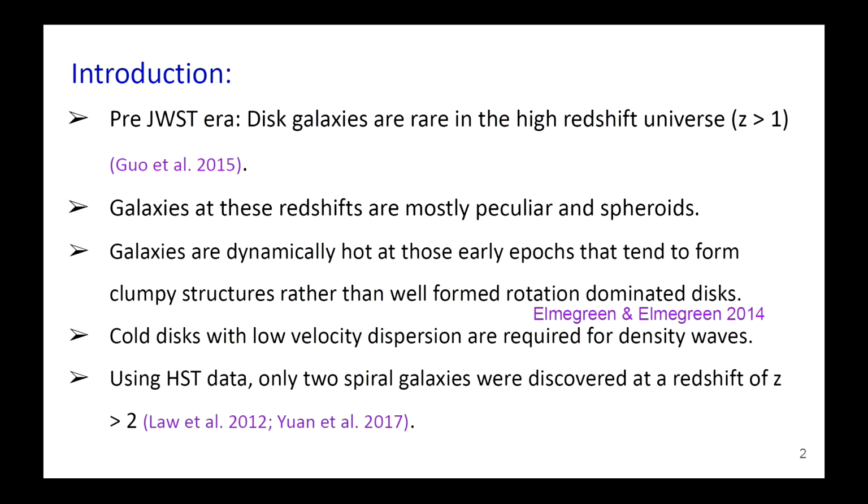For density waves to emerge that can produce spiral arms, we need a cold disk with low velocity dispersion, and they should be rotation dominated. Using HST data, only 2 spiral galaxies were discovered at a redshift of greater than 2. Now the number is increasing, but still it's not that high.